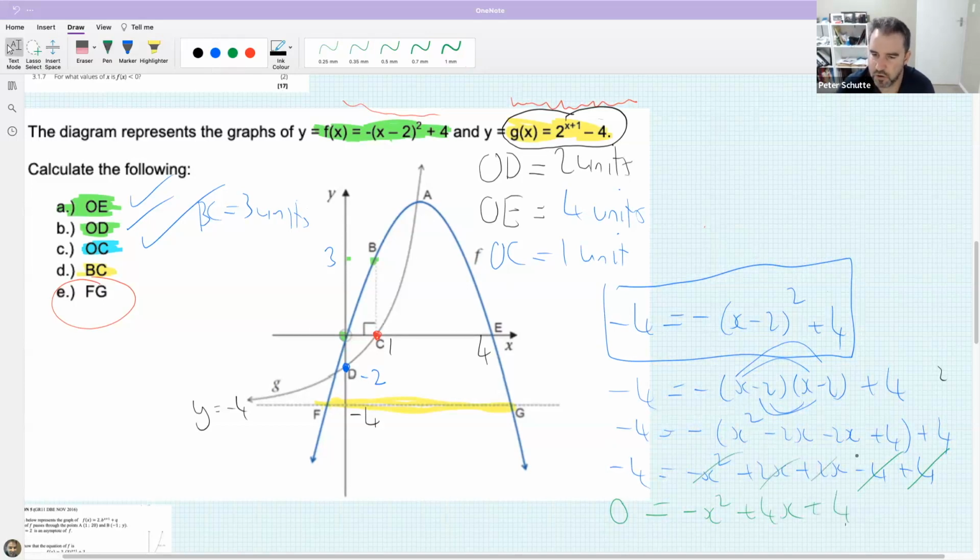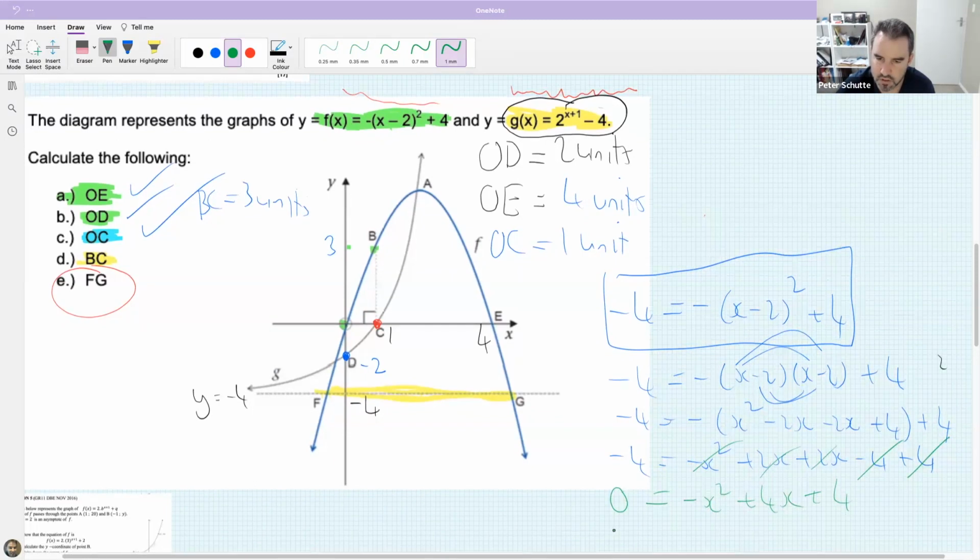And you know what? I prefer it to be on the other side. So I'm going to move everything across and I'm going to say x squared minus 4x minus 4 equals 0. What is the answer to that going to be if I want to solve that quadratic?